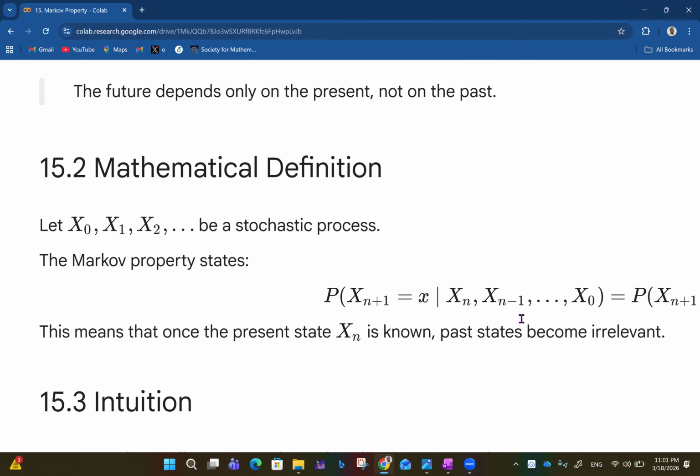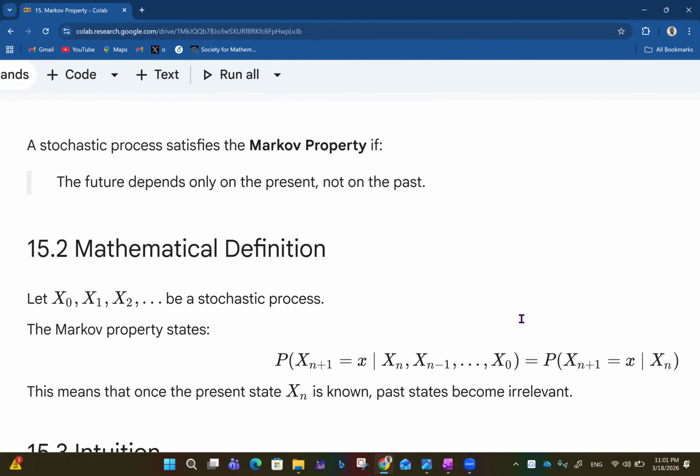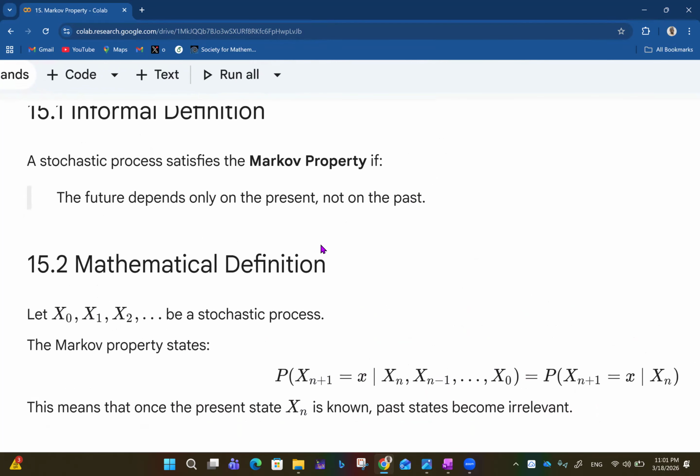But then the mathematical definition goes like this. Let x naught, x1, xn, and so on be a stochastic process. The Markov property states that the probability of xn plus 1 equals x given xn minus 1 up to x naught is equal to the probability of xn plus 1 equals x given xn.